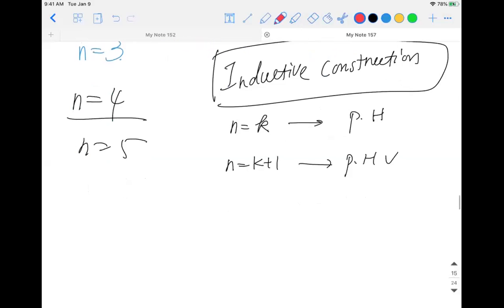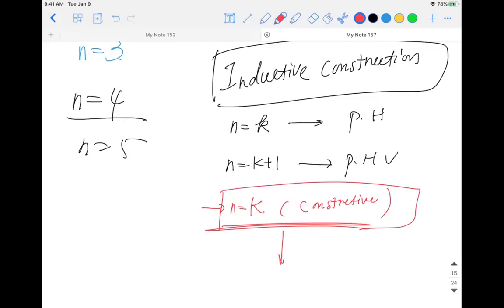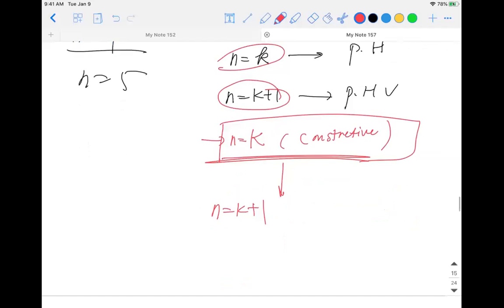You construct something that works for n equals k. From here, you use your constructed result to construct k plus 1. As long as you have that n equals k works, you want to show n equals k plus 1 works.